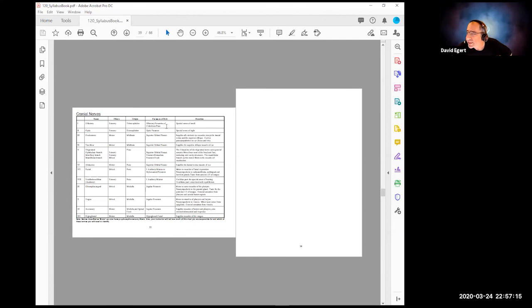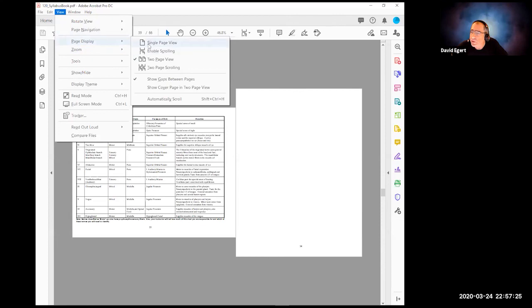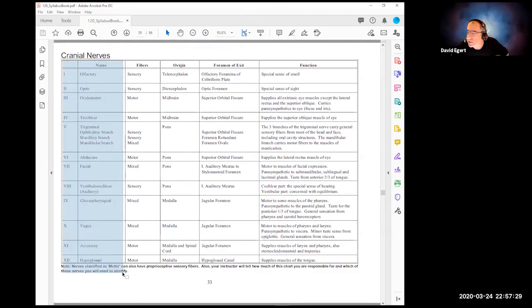And for the cranial nerves, I didn't spend that much time. Maybe I should be a little more explicit now about what exactly you need to know. For each of these, you need to know the number and the name. You should know if it's motor or mixed. You don't need to know the origin.